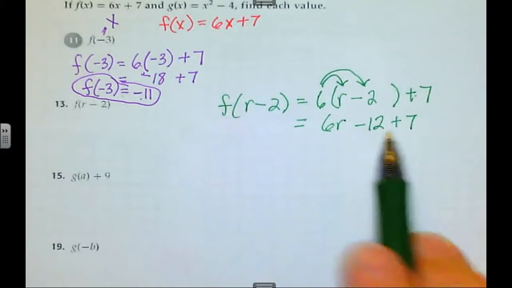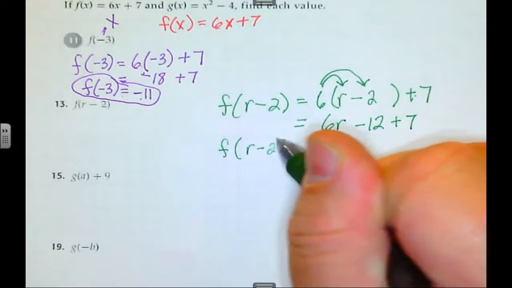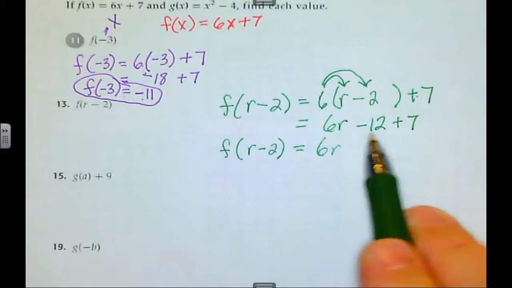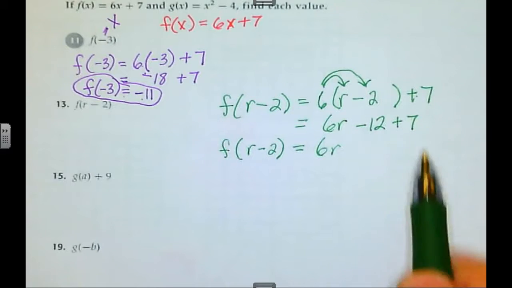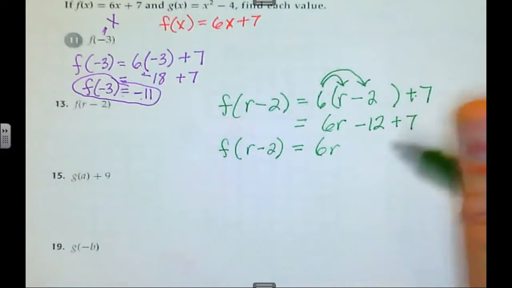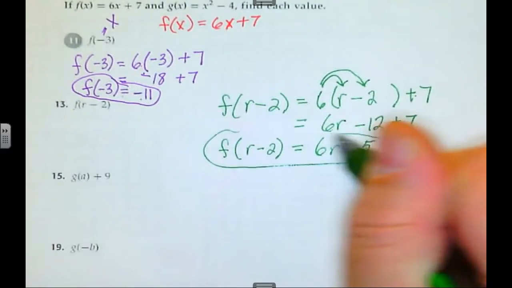Combine your like terms here. So the f of r minus 2 equals 6r. What's -12 plus 7? Good. There's my answer. Thank you, Dewey.